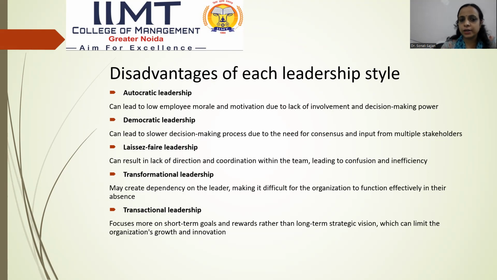Means in autocratic leadership, as we see, they have to work according to what their higher authority says, and they don't put their mind and creativity towards their work. So their morale goes down, and the motivation also becomes low for the employees, and it's very difficult to take the decisions for the organization.